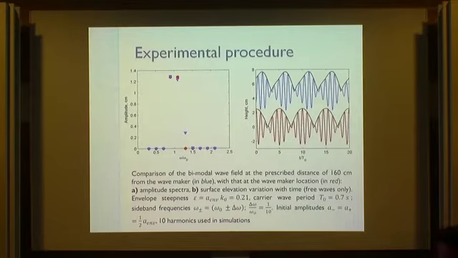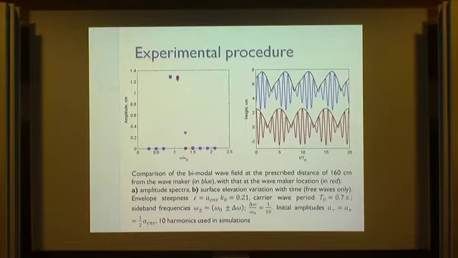But when we start measuring, say near the wave maker, at a distance of 160 centimeters, we receive this spectrum, denoted by blue triangles, and you see the harmonic on the high frequency side of the spectrum starts growing.